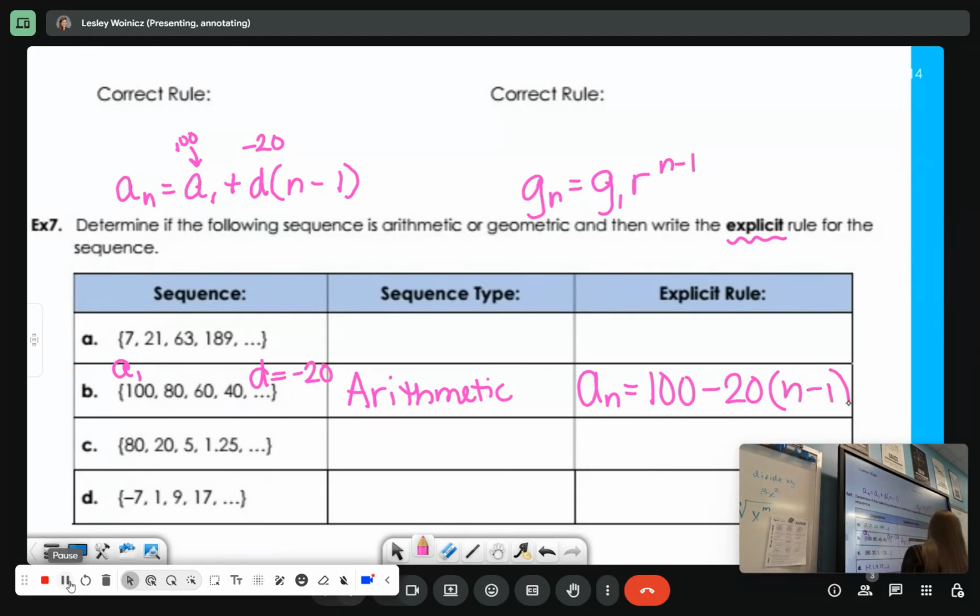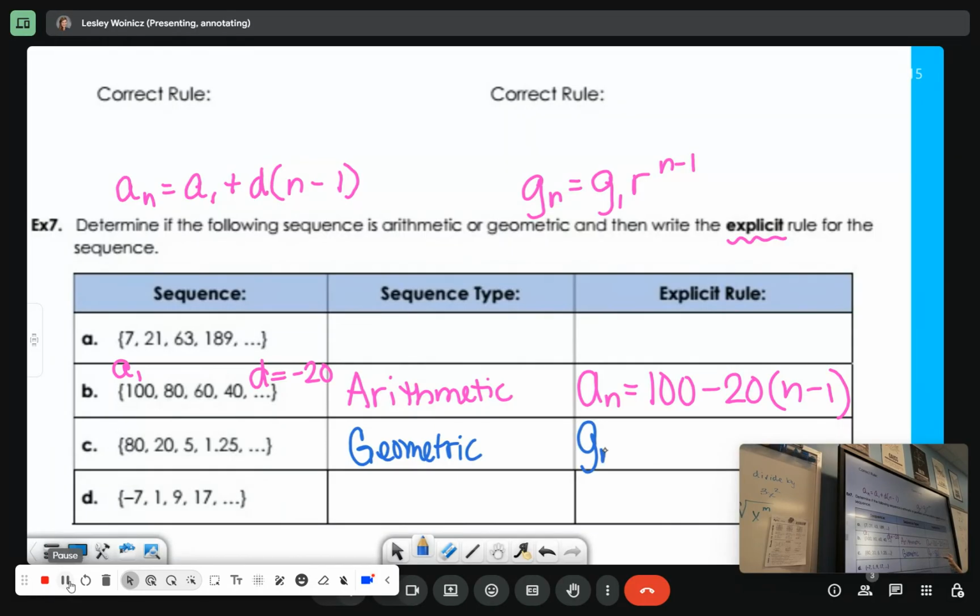Okay, now we're going to do C. What kind is C? Geometric. Yep. Okay, so we're going to use this rule. G sub n equals, what's my G sub 1? 80.